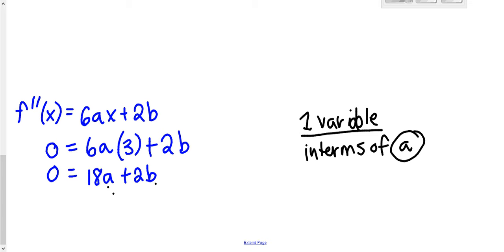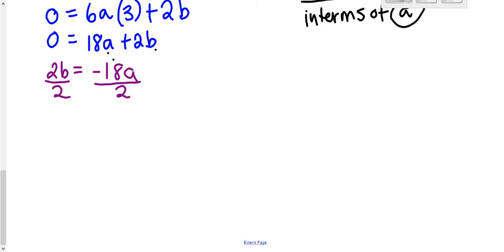So let's do this. Let's subtract 18a. So we have 2b equals negative 18a. Now we'll divide by 2. So we get b equals negative 9a.